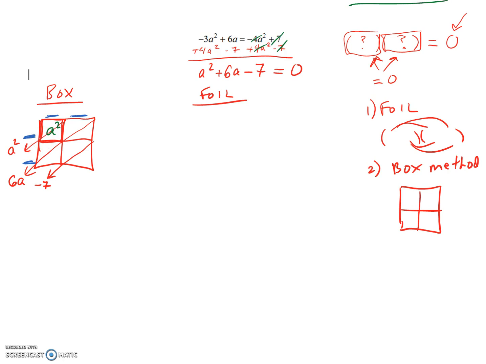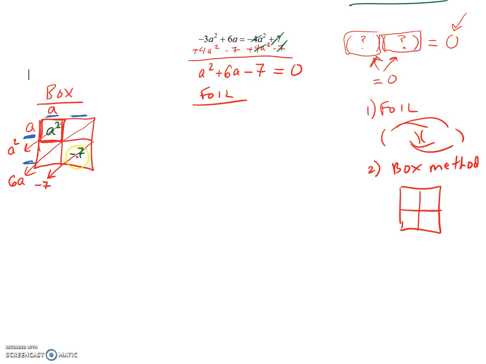So the question is, what times what gives me a squared? That would be a and a. All right, and then I know that the bottom right square should be negative 7, because once again, that is only one diagonal, one box. And my options are kind of limited there.